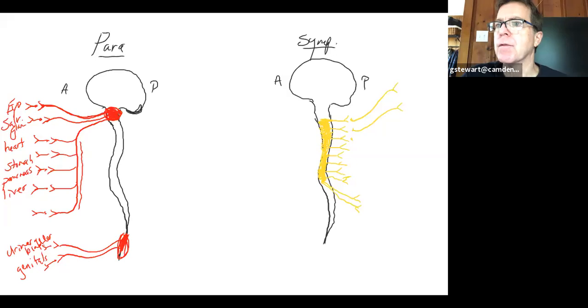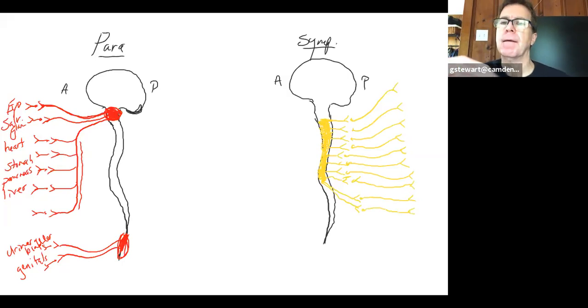So in the sympathetic nervous system, the ganglia, the synapse, the connection point between this two-part chain, is close to the spinal cord, and the postganglionic fibers are very long. It's the opposite over on your left-hand side. The preganglionic fibers are very long in the parasympathetic, and the ganglia, that connection point, is close to the effector organ over here, and the postganglionic fibers are very short.